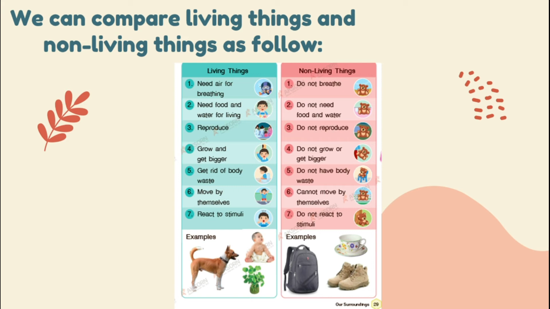And look at these examples. The examples of living things are a dog, a baby, and plants. And the examples of non-living things are bags, a cup, and shoes. So now we already know about them.